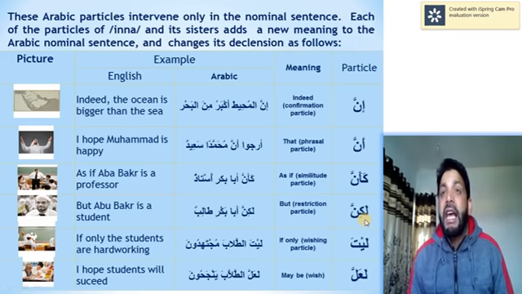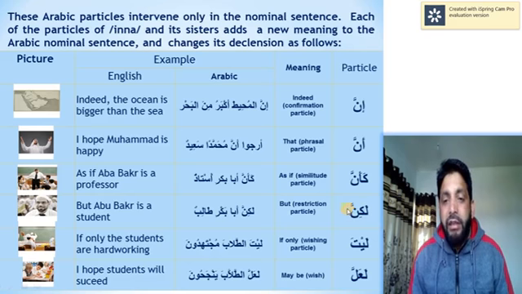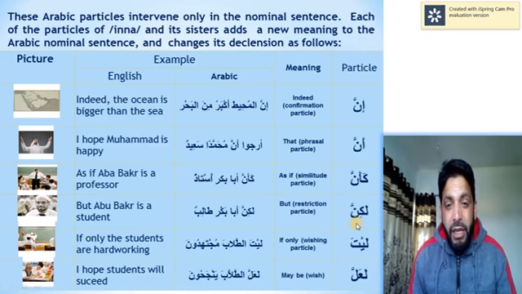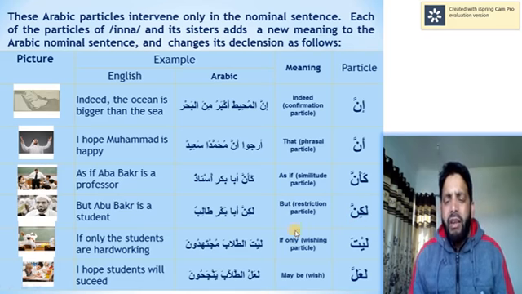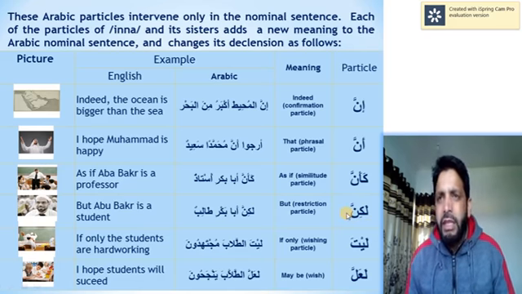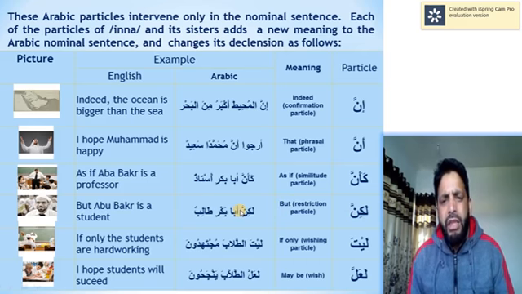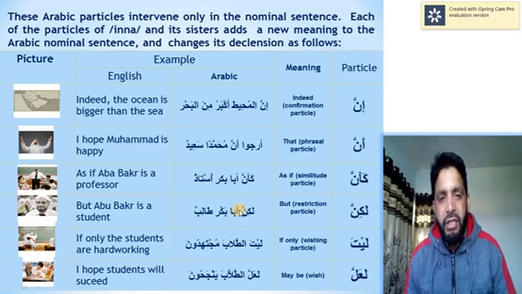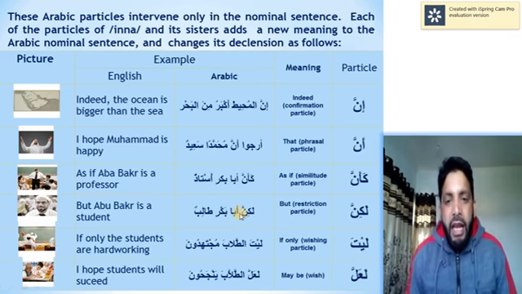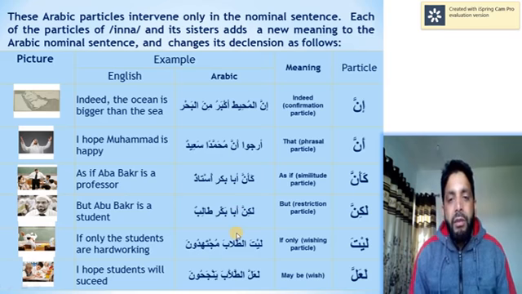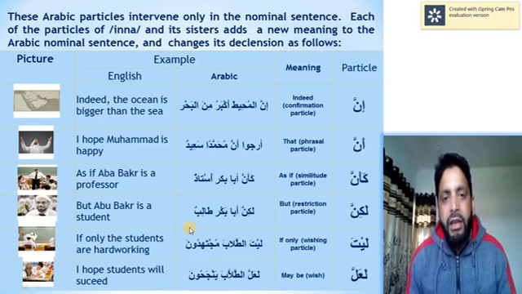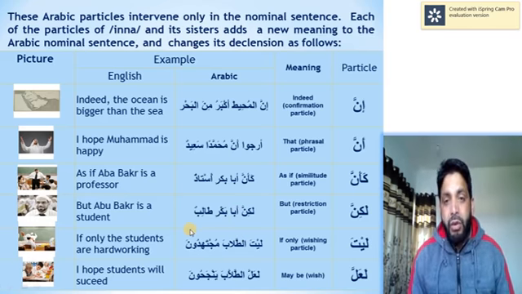Now the fourth sister is lakinna. Lakinna means but. It's a restricting particle. It creates restriction in the meaning, and it is always used in the middle of the sentence. Lakinna Aba Bakrin talibun. But Abu Bakr is a student.